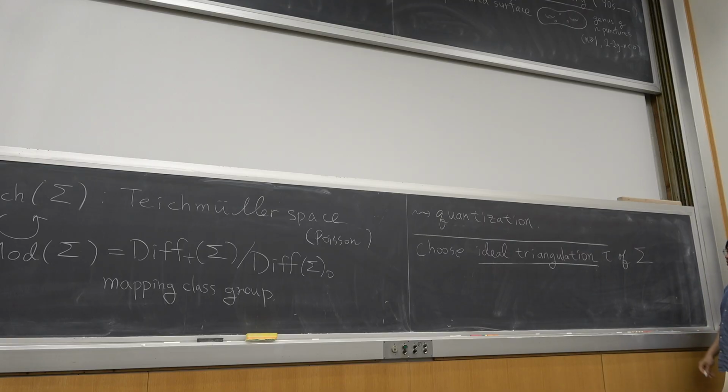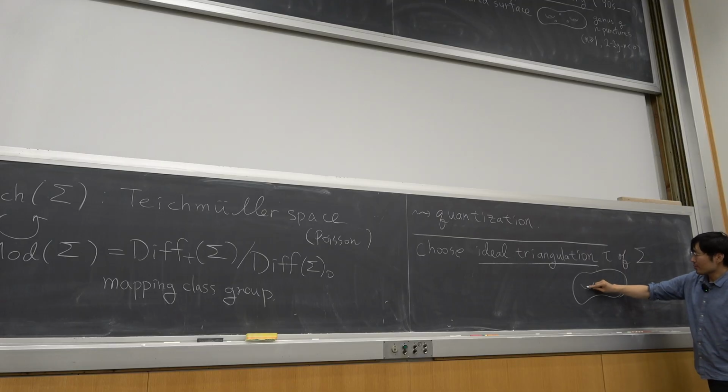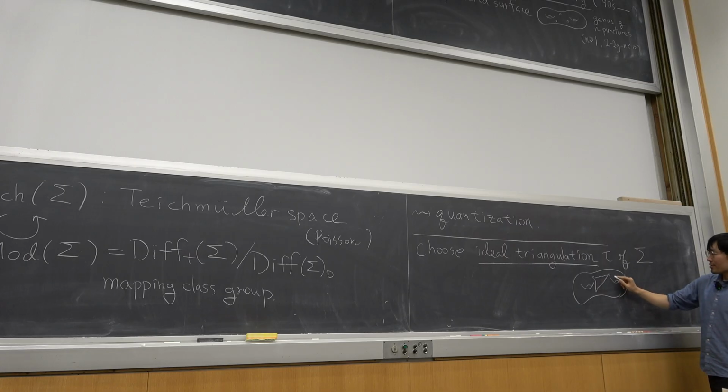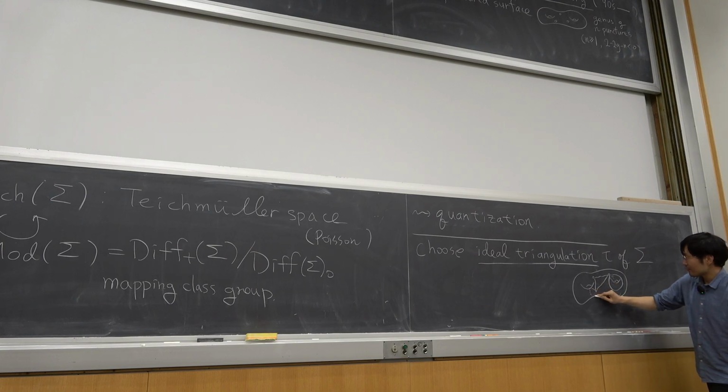So an ideal triangulation looks like this: you want to triangulate your punctured surface by simple paths connecting the punctures. So you have to have quite a lot of edges to triangulate it.